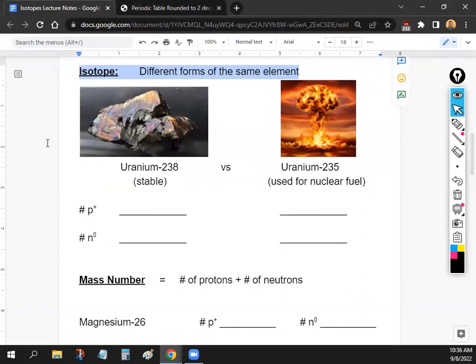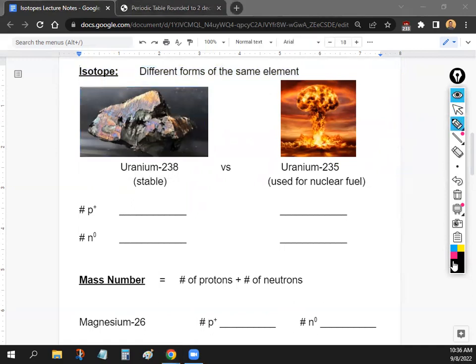And another easy way that you guys can think about isotopes when you are comparing different atoms, it's going to be the atoms with the same number of protons, but different neutrons, okay? So when you're talking about two isotopes, you're talking about something with the same number of protons, but different number of neutrons, okay?